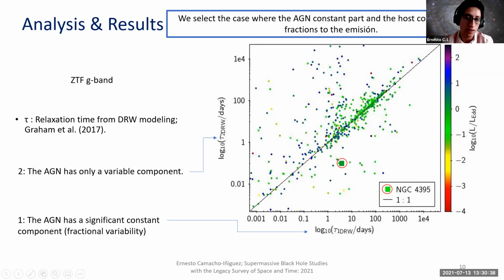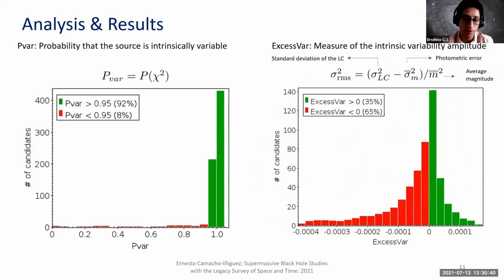Now, then we calculated some variability features for this sample. For instance, we calculated the probability that the source is intrinsically variable. We found that around 92% of our sample presents variability according to this parameter, having values greater than 0.95.